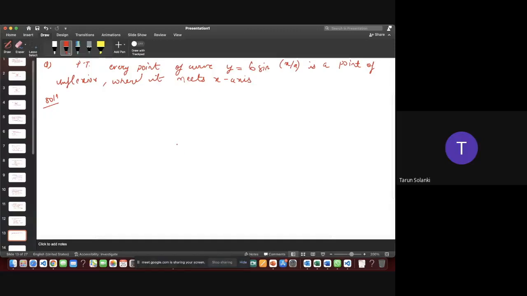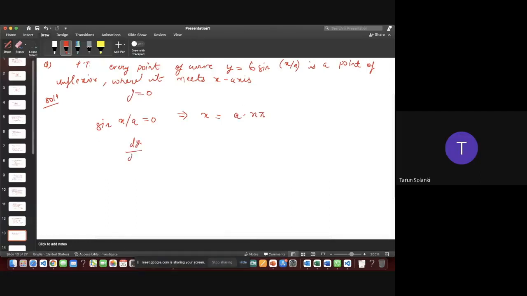Okay, so for the point of intersection of the curve and x-axis, that means y is equal to 0. So sine x by a is equal to 0, that is x is equal to a n pi. Correct.